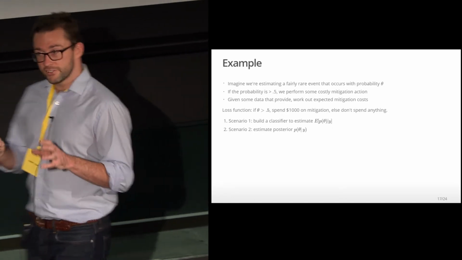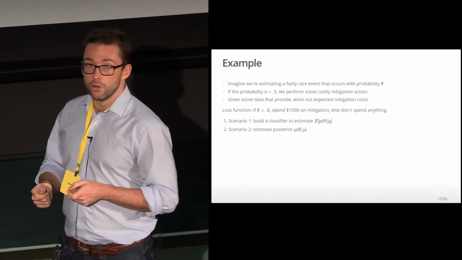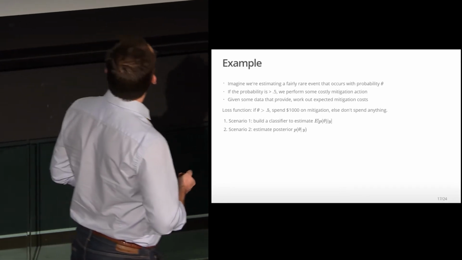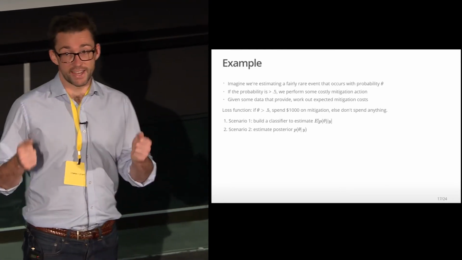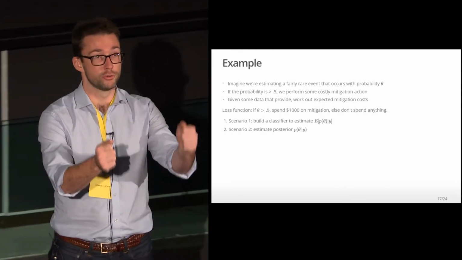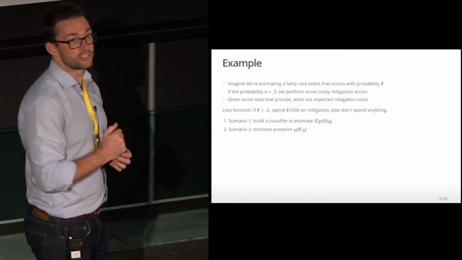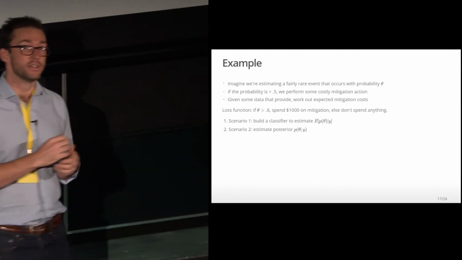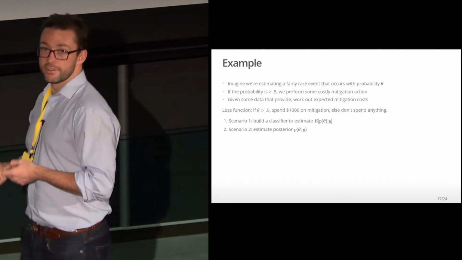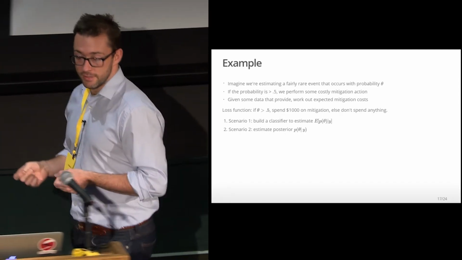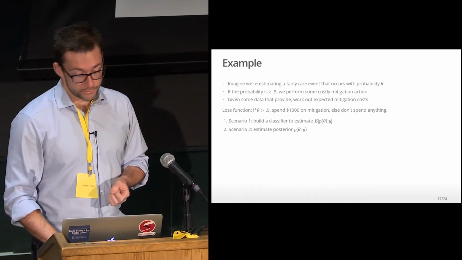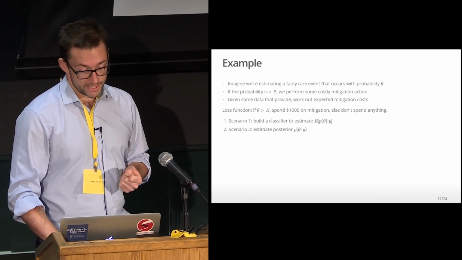Now, let's say if that probability goes above 50%, I'm going to take that receivable and sell it off to a collections agency for $1,000. And let the collections agency deal with trying to extract more than $1,000 out of the end borrower.